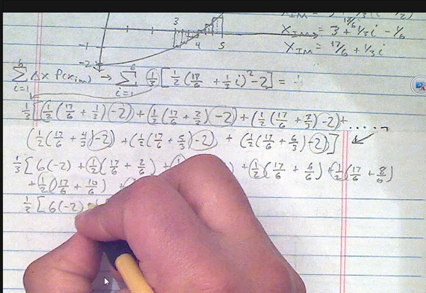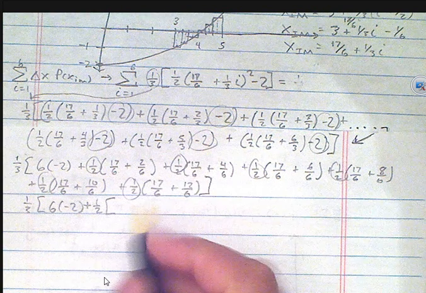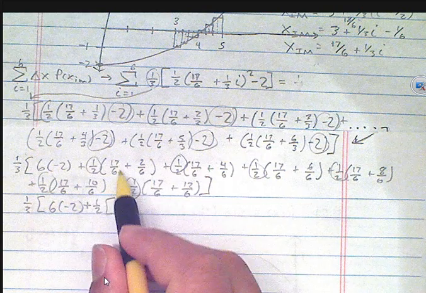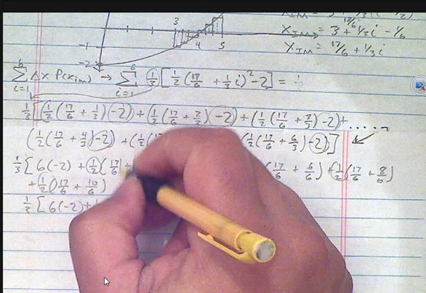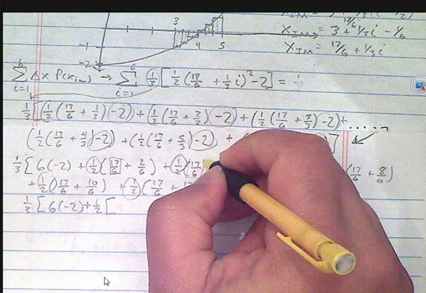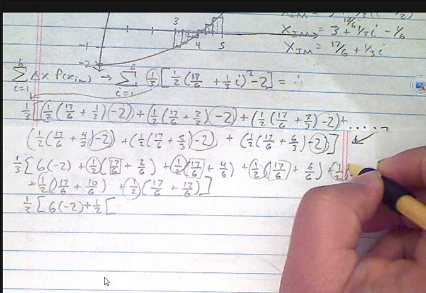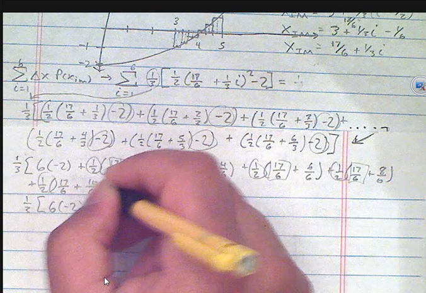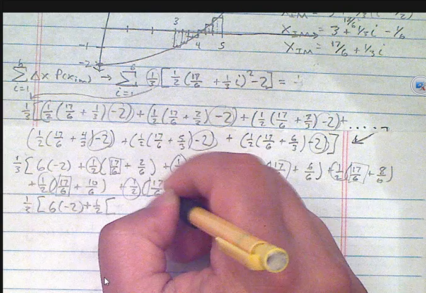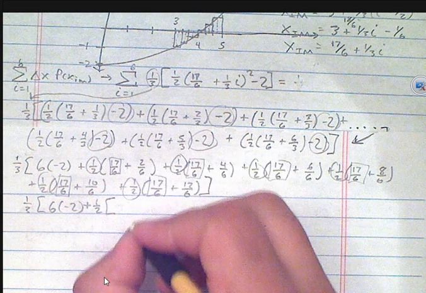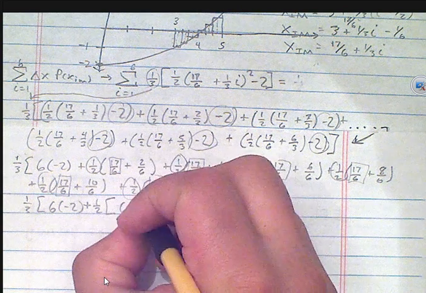plus 1/2. Now notice if I factor out this 1/2, notice what I have left over. I've got 6 times 17 over 6.